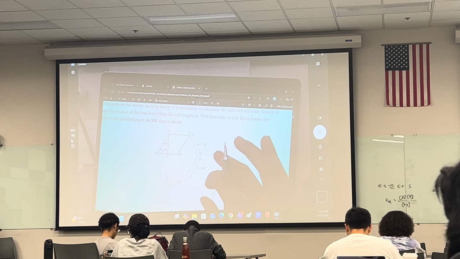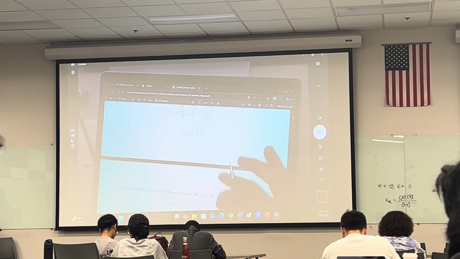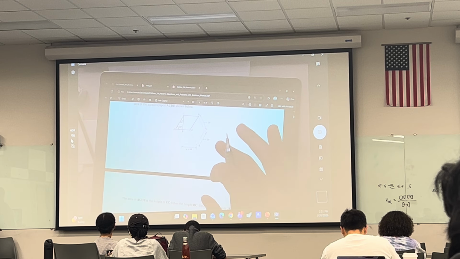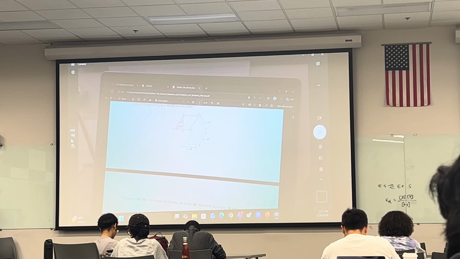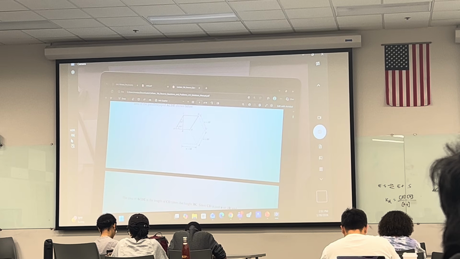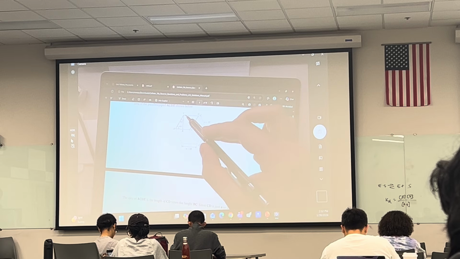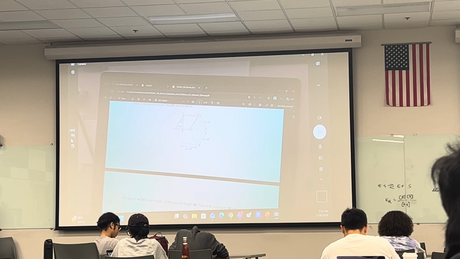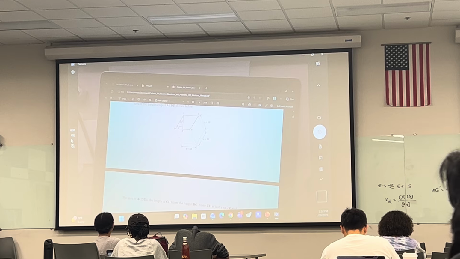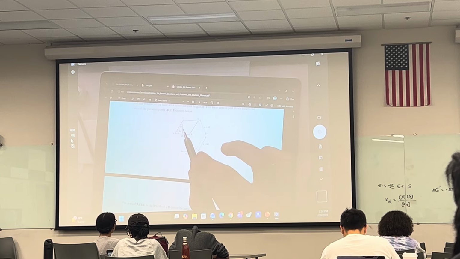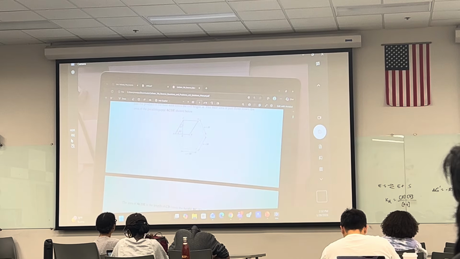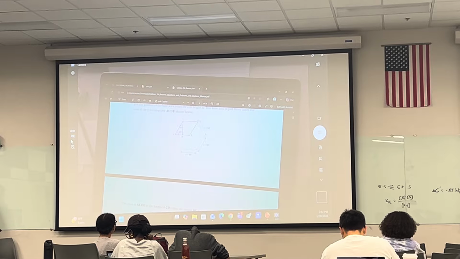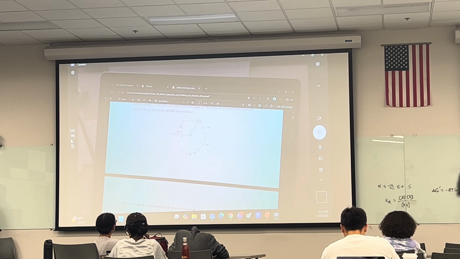I'm not going to go over all these equations, but just to show you how to derive this relation. First, you want to calculate BC, which is the height of a triangle, right? So you have a 30 degree angle here. BC is A times cosine 30, which in this case, A is 2R.